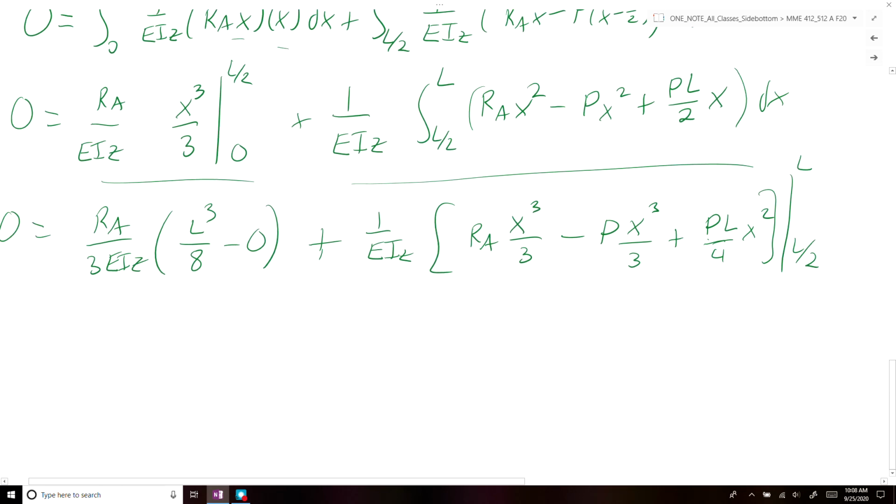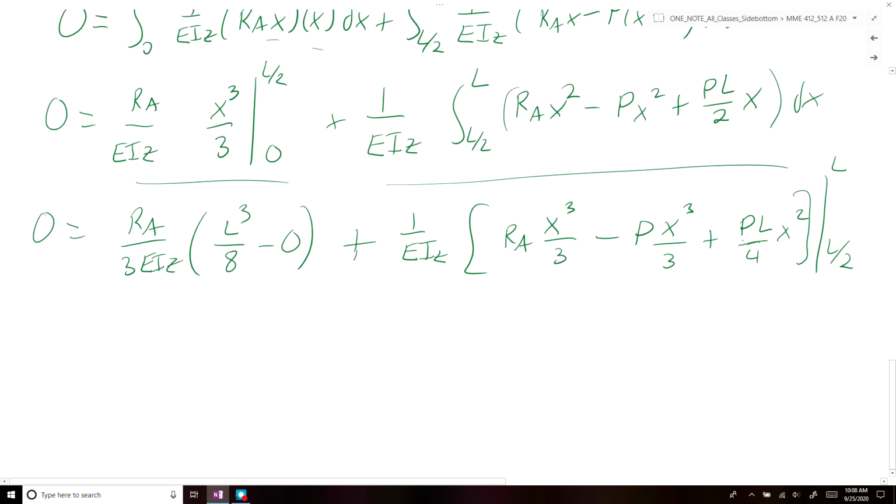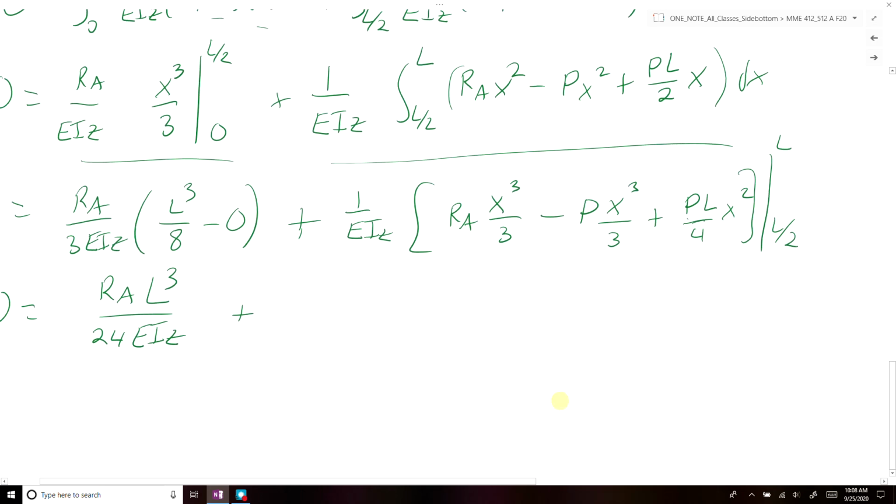If we keep going here, the first term will be equal to RA L cubed over 24EIz. The second term will be equal to 1 over EIz times RA over 3 times x cubed.